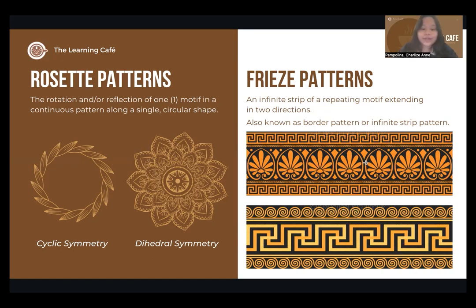Now, to further define what a frieze pattern is, they basically involve an infinite strip of a consistent repeating motif, like this one where it is repeated infinitely, which is why this pattern is also called a border pattern or an infinite strip pattern. Although these patterns are usually only presented in a finite way, like in this rectangle, where we only see a portion of it, frieze patterns actually extend infinitely in two directions, either vertically or horizontally. So in these two examples, they both extend horizontally.